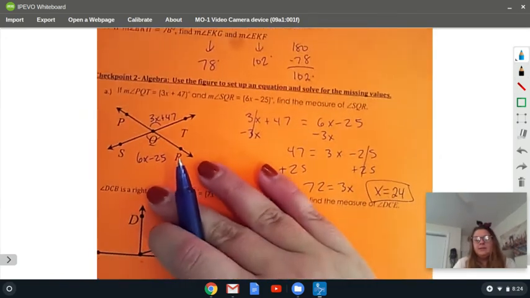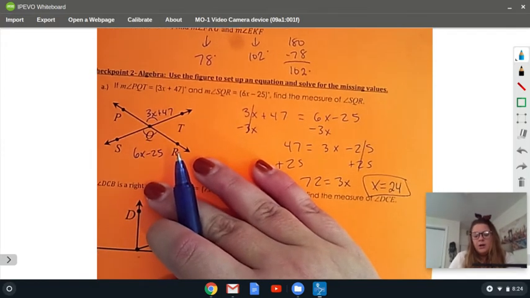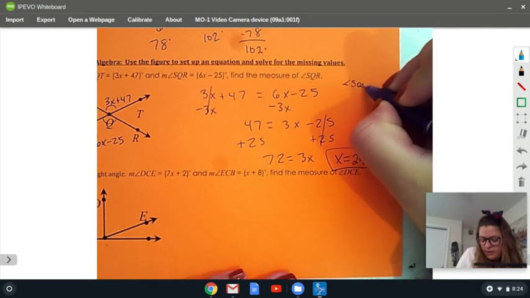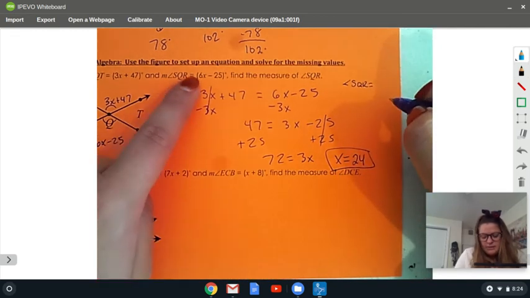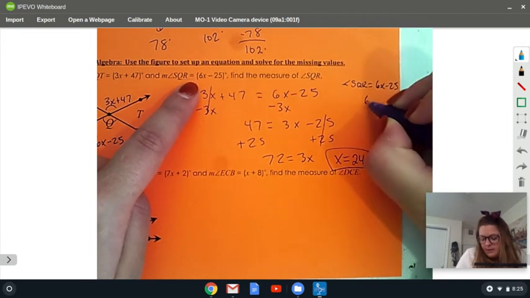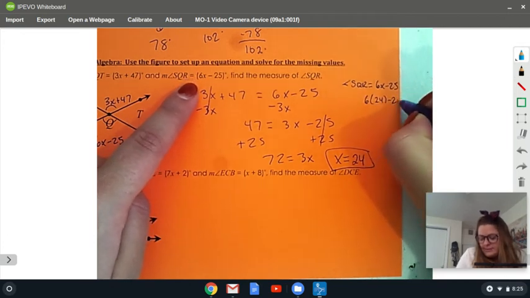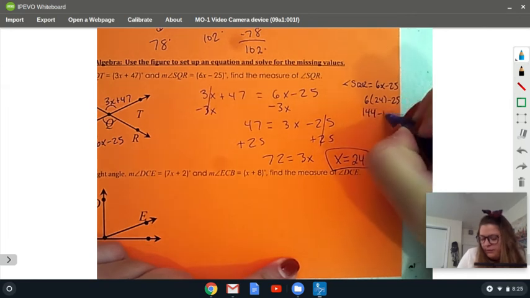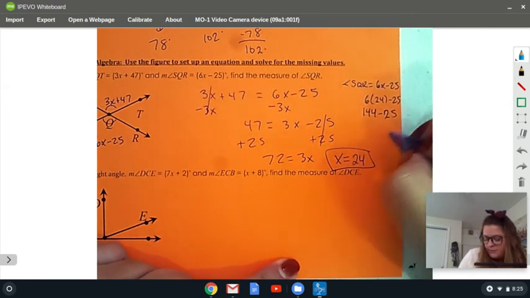They want me to find SQR. So now I'm going to take angle SQR is equal to, they gave us the expression 6x minus 25. I'm going to plug in my 24 for x and solve, and 6 times 24 gives me 144. Minus 25 gives me 119 degrees.